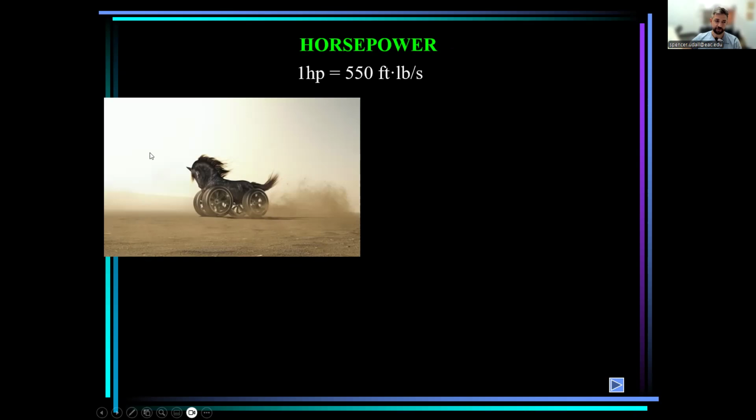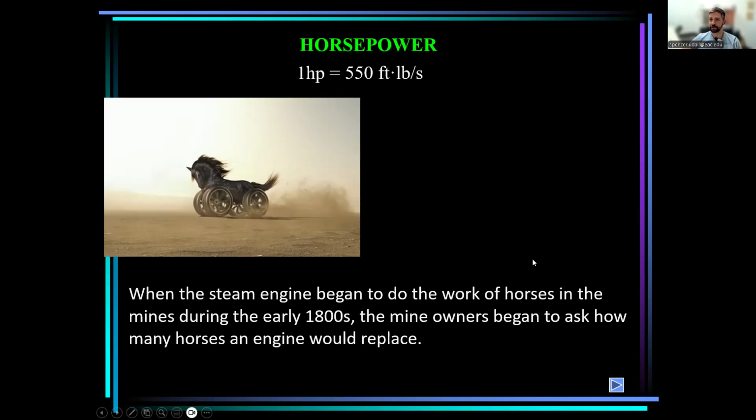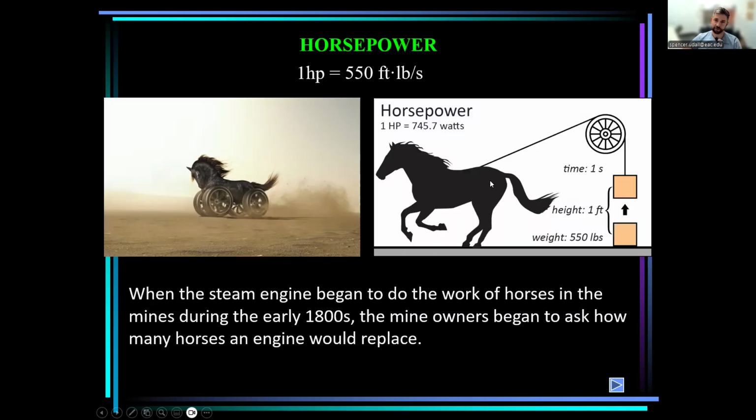If you look back in time, if you're selling your product, you could say you're using this many horses, and you could use our machine to replace however many horses. And if you can move 550 pounds up 1 foot in 1 second, in theory, that's what a single horse could have done back in the day.